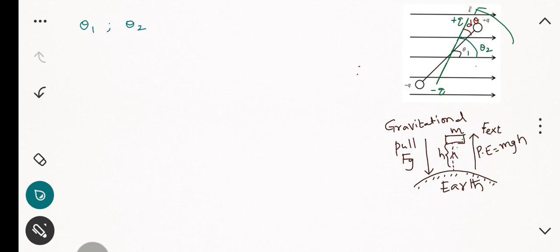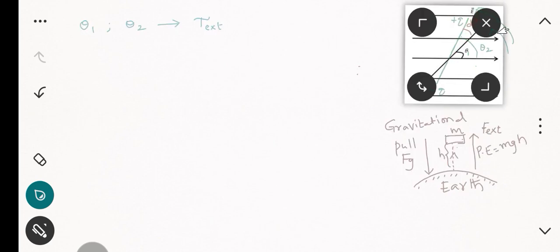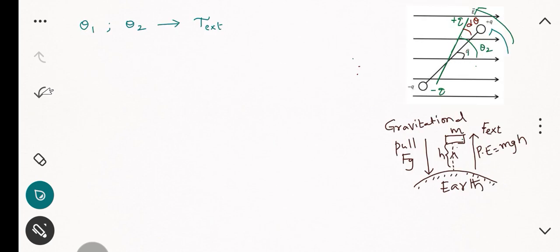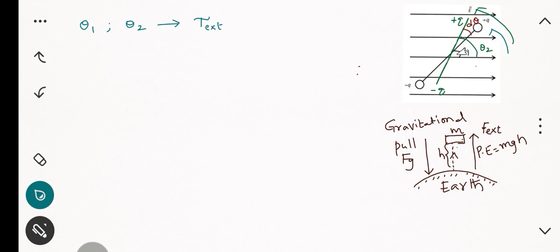Due to the application of the external torque, this external torque will move the electric dipole in a direction opposite to the electric field.